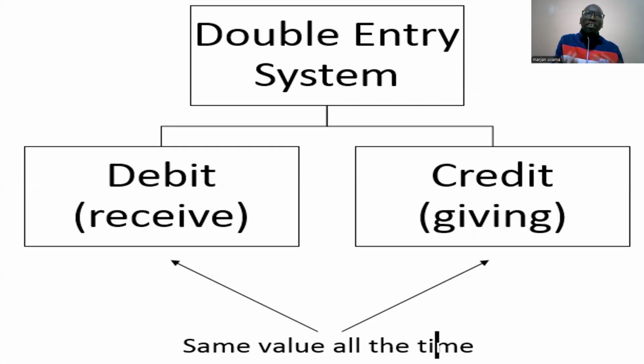For each and every transaction, there is one account that gains and the other account loses. One account gives and the other receives in each and every transaction. But you also have to understand it should always be with the same value.